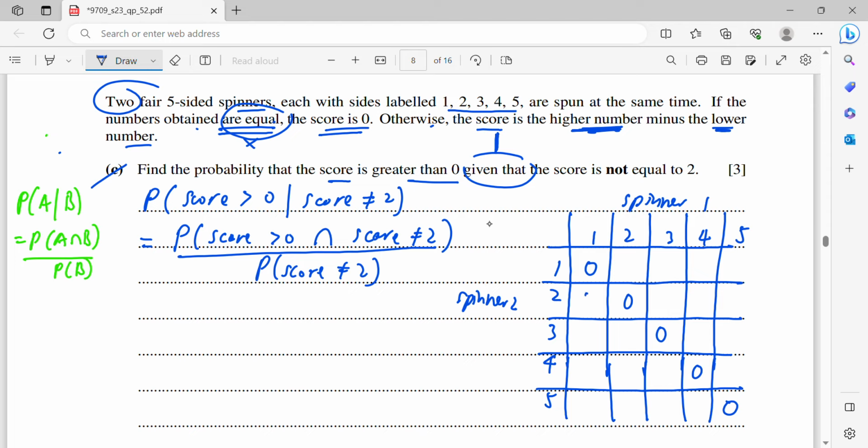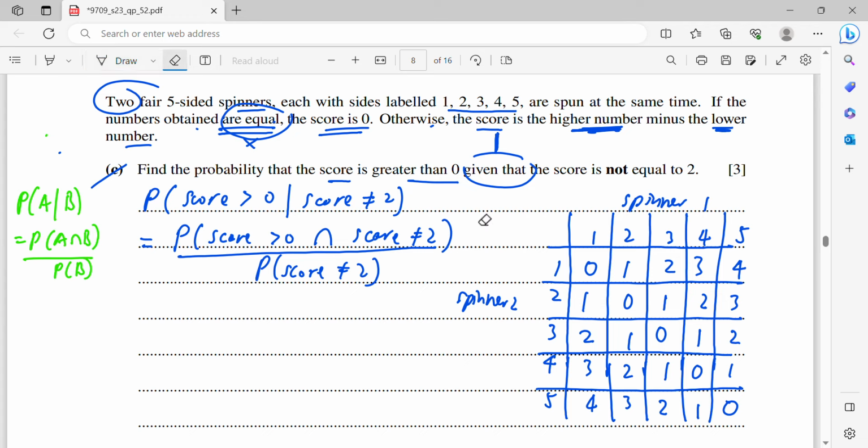So 2 minus 1 is 1, higher minus lower. 3 minus 1, I get 2. 3 minus 2 is 1. 4 minus 1 is 3. 4 minus 2 is 2. 4 minus 3, 1. 5 minus 3, 2. Then 5 minus 4 is 1. So 5 minus 1 is 4. Then 3, 2, 1. So the numbers inside the table will be the scores.